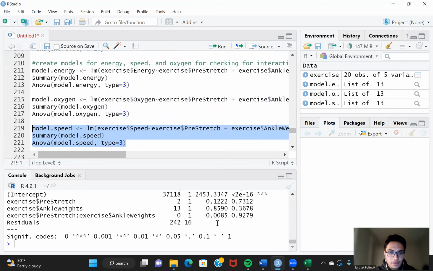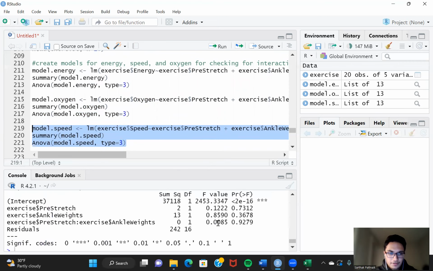Then for speed, again, you can see pre-stretch colon ankle weights, the p-value is exorbitantly high. It means that pre-stretch into ankle weight is not a significant factor in the model, and therefore we can conclude that these two factors, pre-stretch and ankle weight, do not interact with one another.